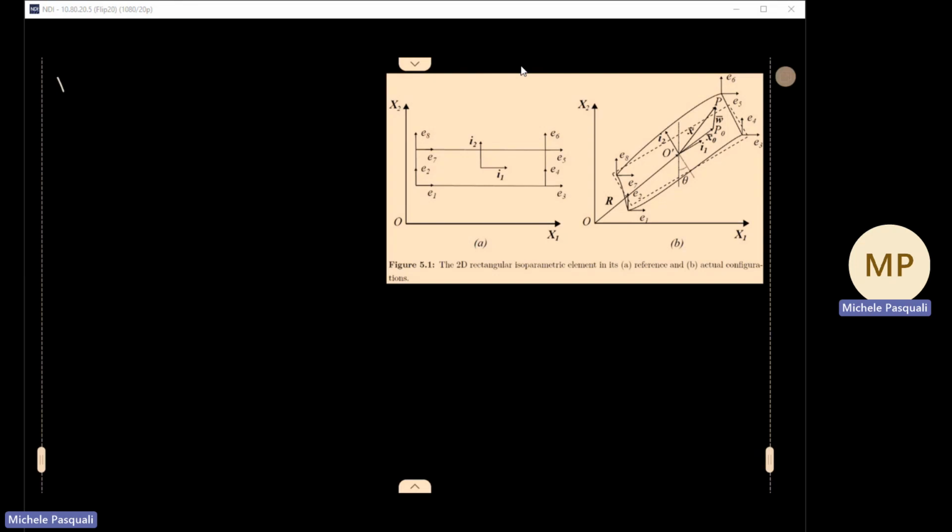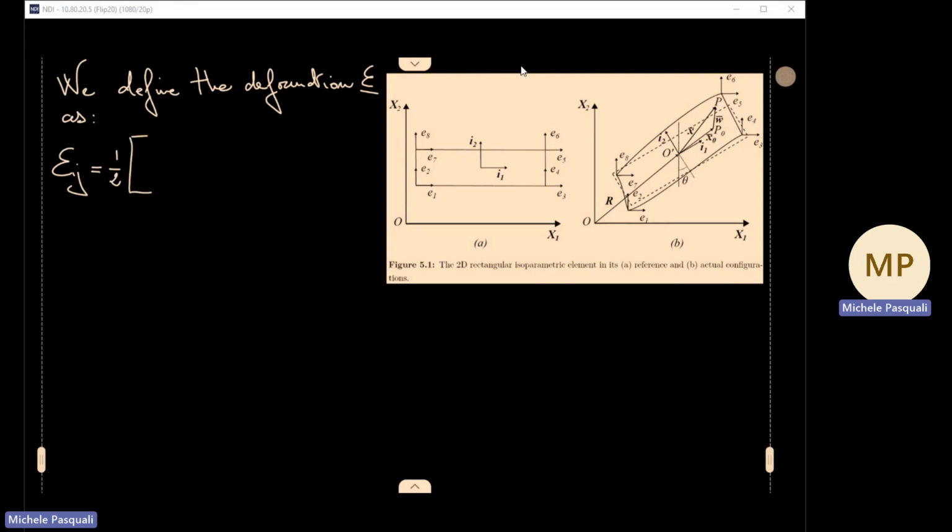So we define the deformation as, so we have epsilon ij is 1/2 of what? So you see here, let's write it with this.